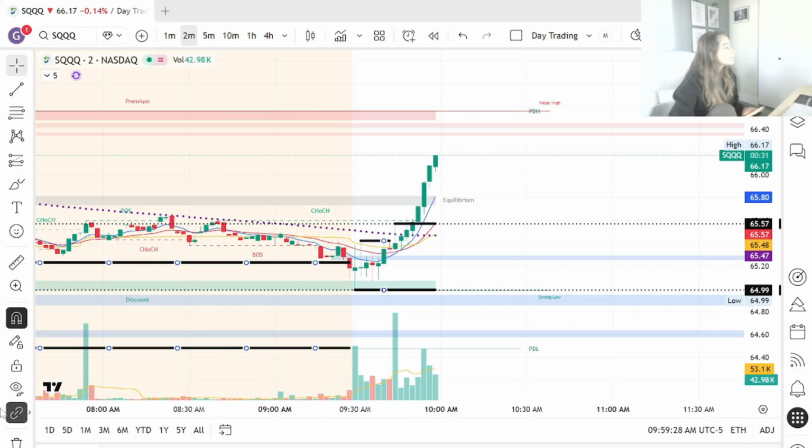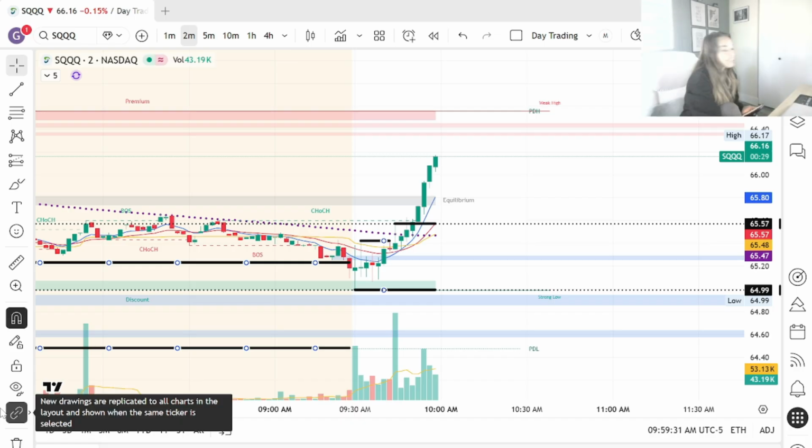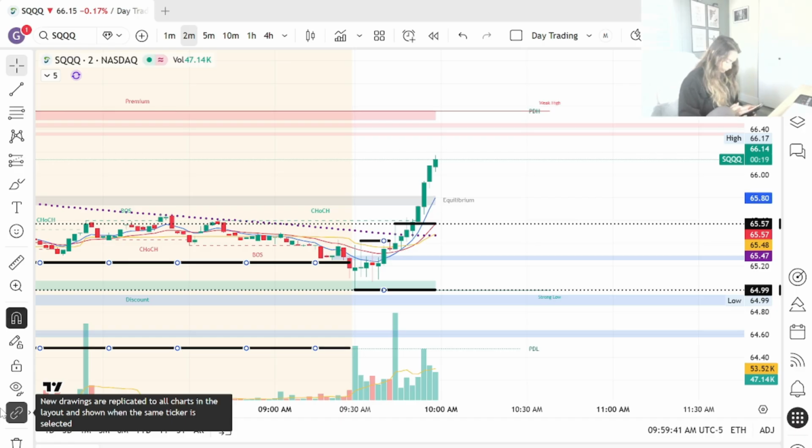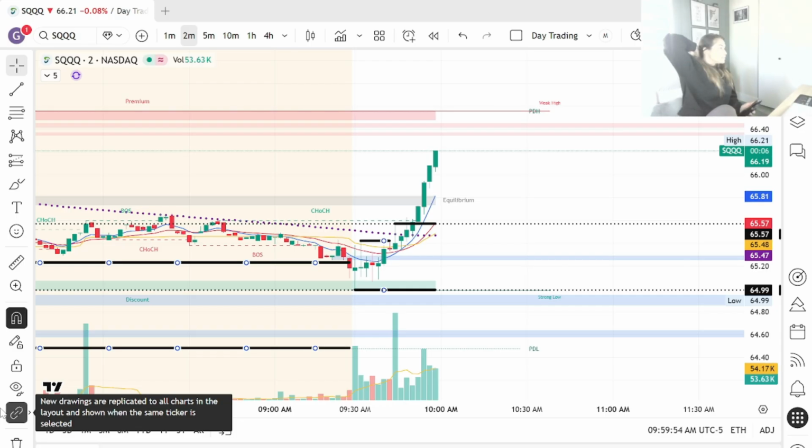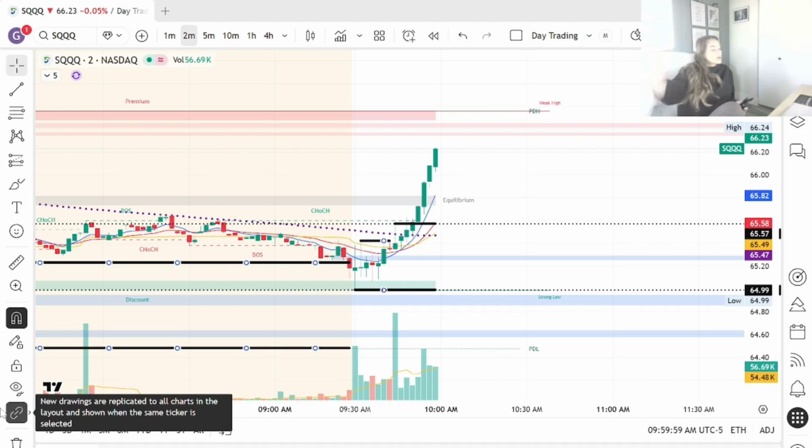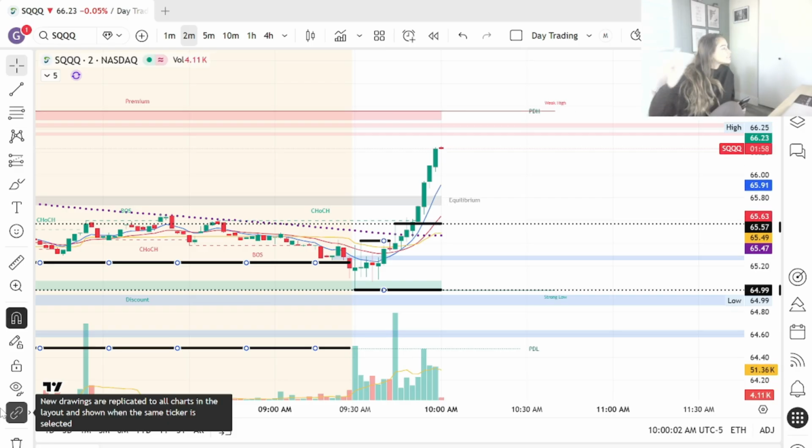It's on its way up. Tremendo sell-off from the market today. $66.20. Do we get the 51? $66.21, $66.22, $66.23. This is why we're patient. This is why we follow the rules. This is why we do what we do. $66.27.